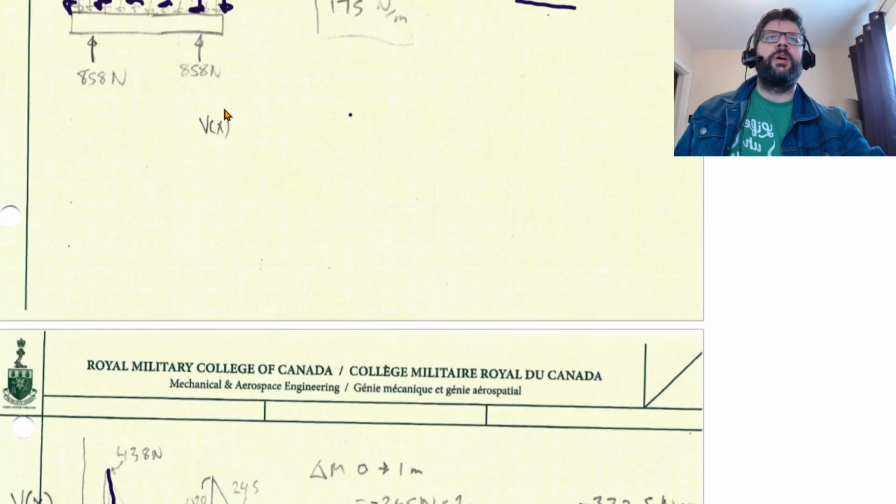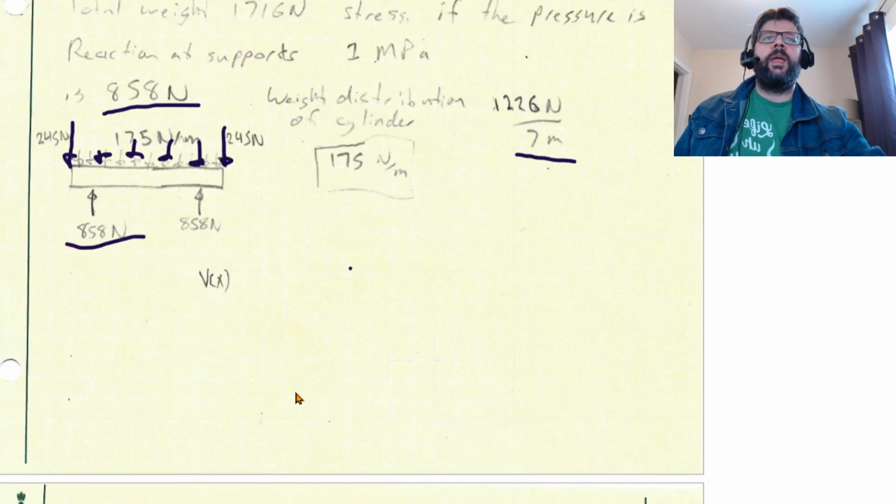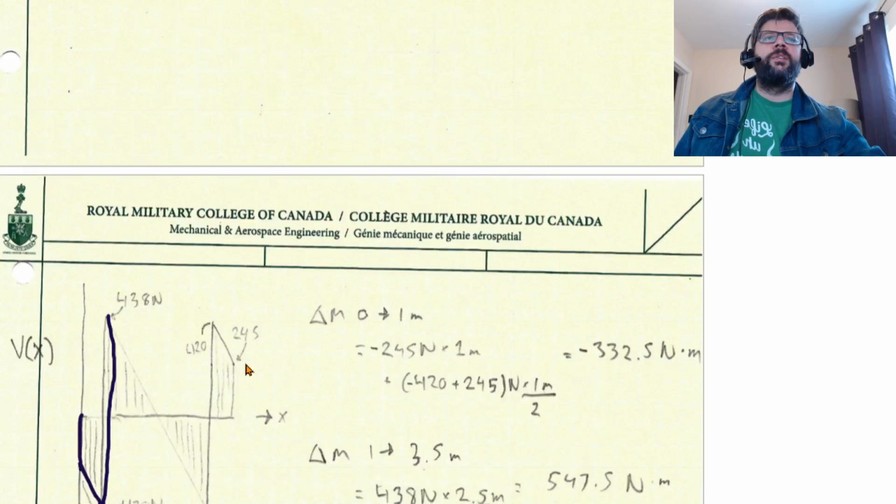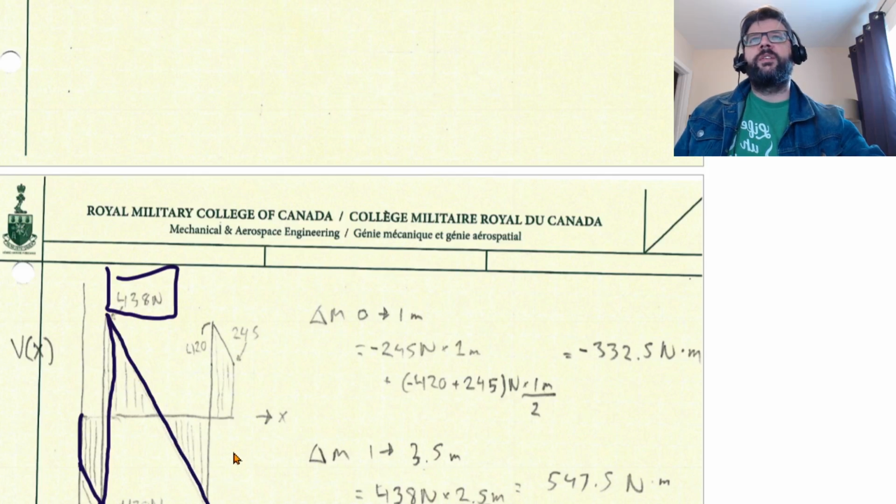The amount we jump up is equal to the 858 newtons. So that brings us up to a positive shear of 438 newtons. And then from there, we slant down again at a rate of negative 175 newtons per meter, which brings us back down to negative 438 newtons.